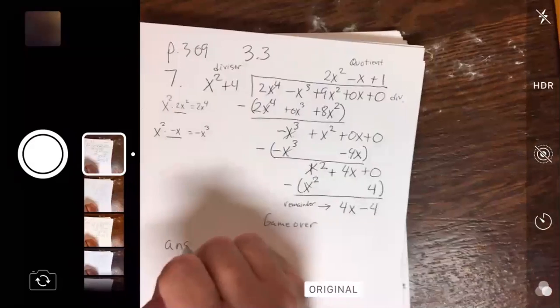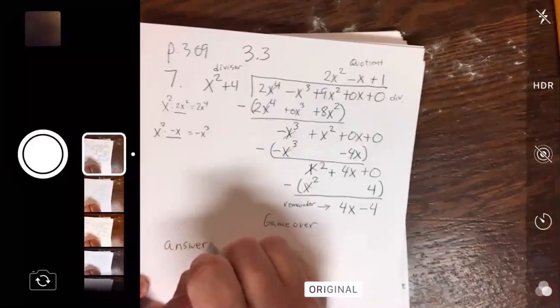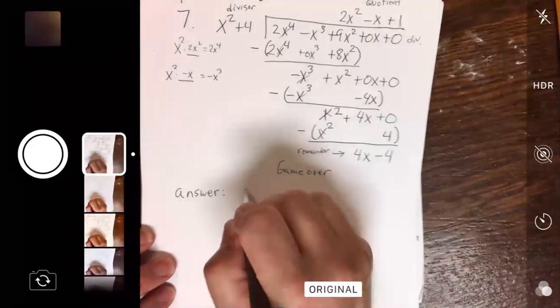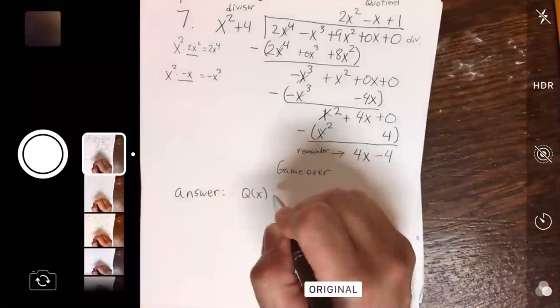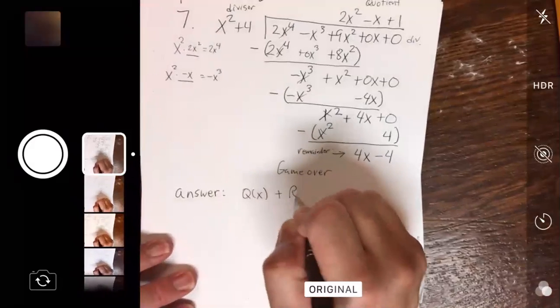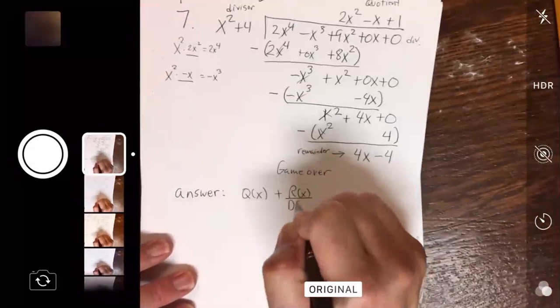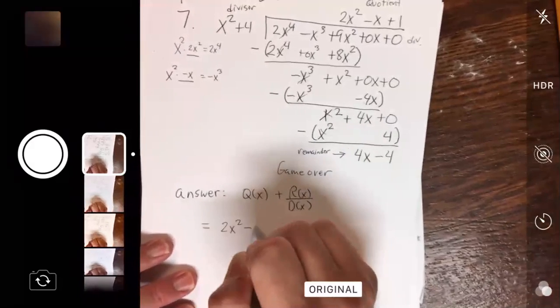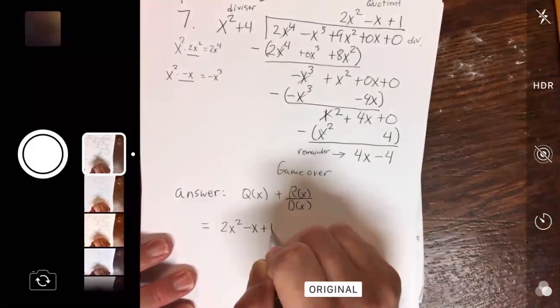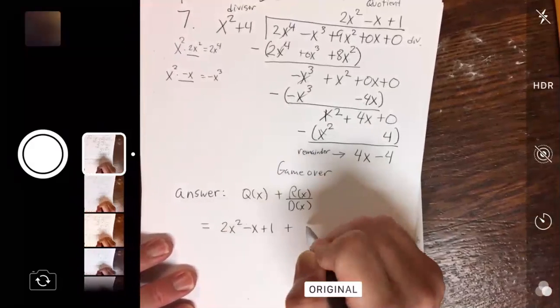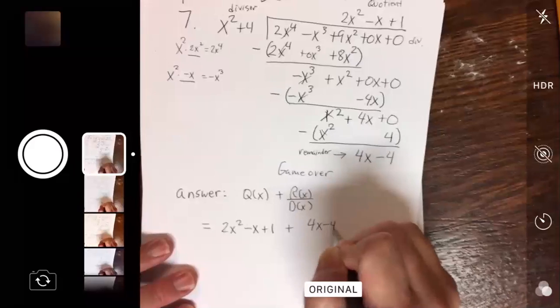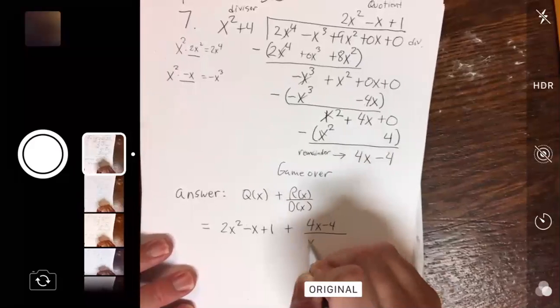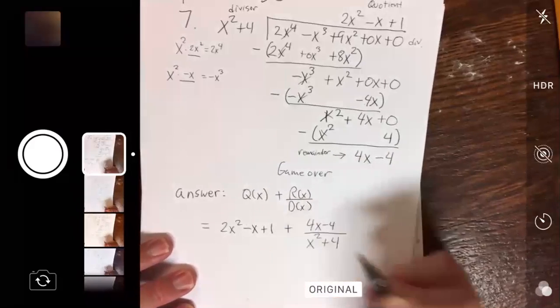So the answer, I'll write it out in function form, plus remainder divided by divisor. That would be the 2x squared minus x add 1, add the remainder, which is 4x minus 4, divided by the divisor of x squared plus 4.